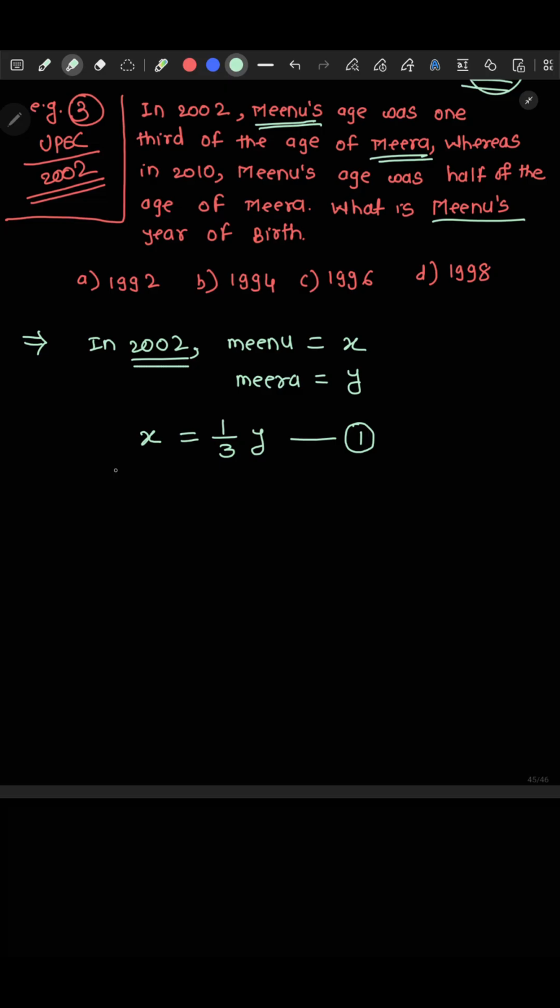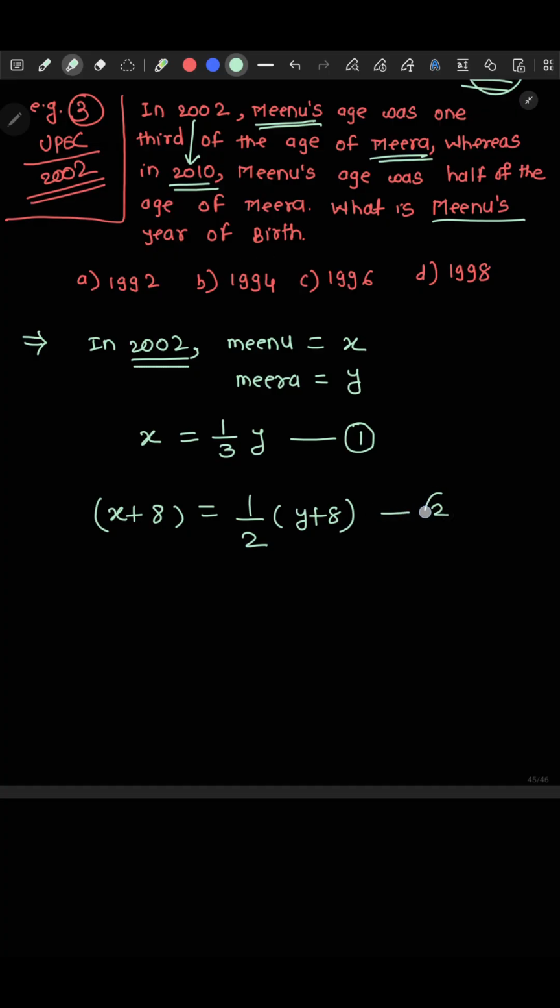Now the second statement is saying, in 2010, right? Now let's see, from 2002 to 2010, 8 years of span, right? That means after 8 years, Minu's age is what? X plus 8. And Mira's age is what? Y plus 8. Then it is saying Minu's age was half of Mira's age. And now it is asking, what is Minu's year of birth?